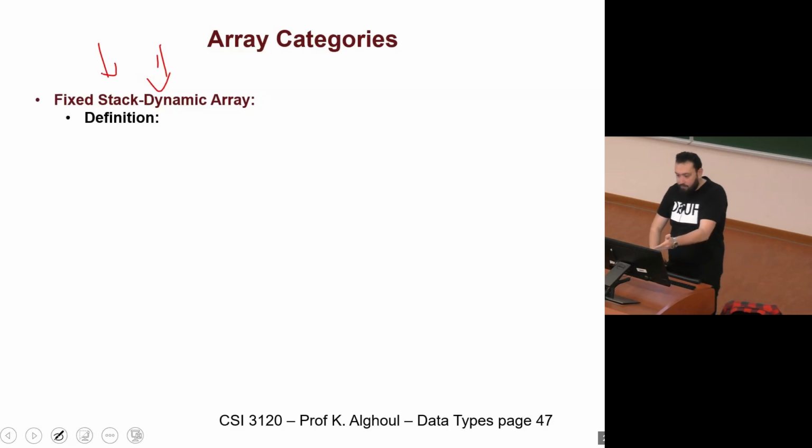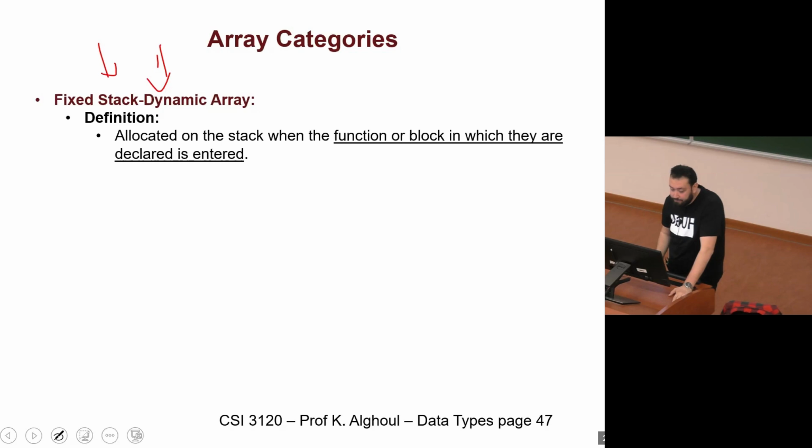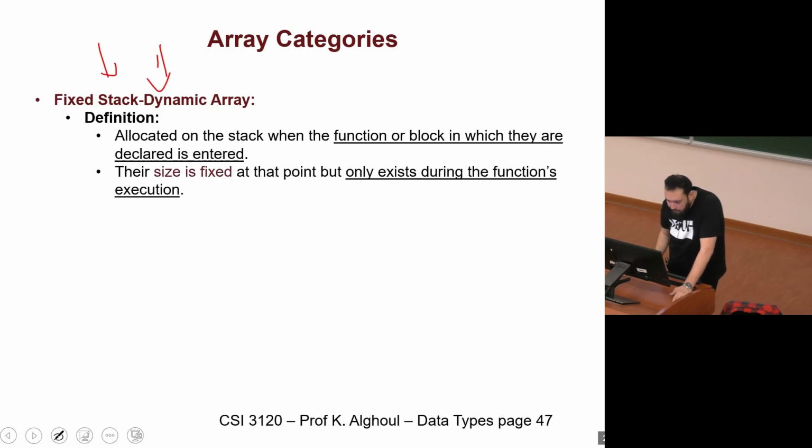So for the fixed stack dynamic array, the definition here will allocate it on the stack when the function or block in which it is declared is entered. If I enter the function, I start using the stack, and that's where the memory is allocated.